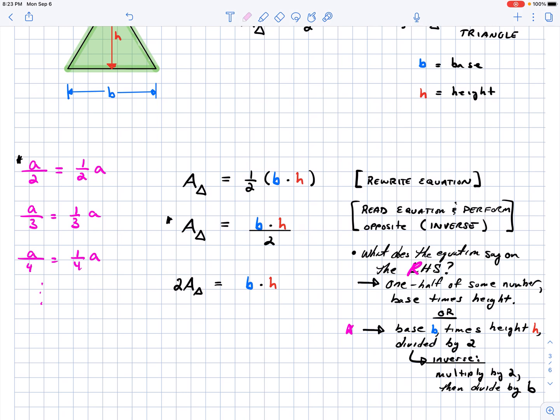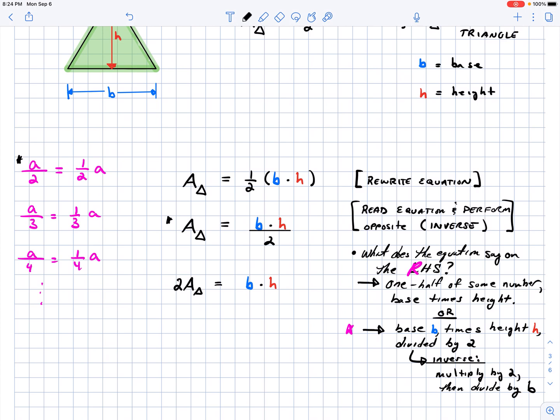And now we have to simply solve this for h. So what's the opposite of multiplying by b? Well, I'm going to divide both sides by b just to show you real quick. So there's b, and there's b. You can see that the b's will give you a factor of 1, isolating or solving for the variable of interest, which will be h. So watch how I say it here.